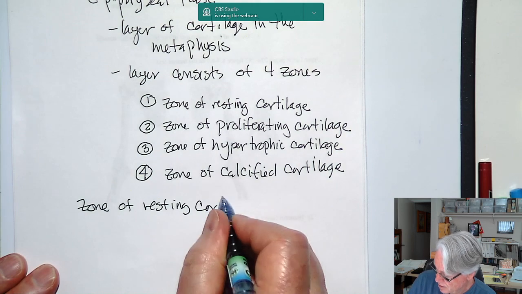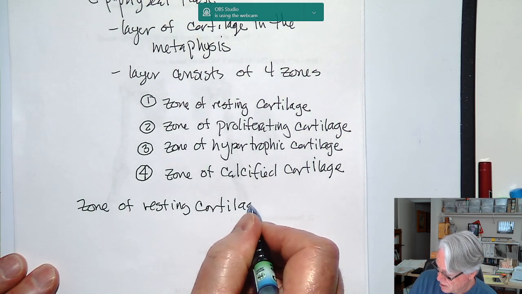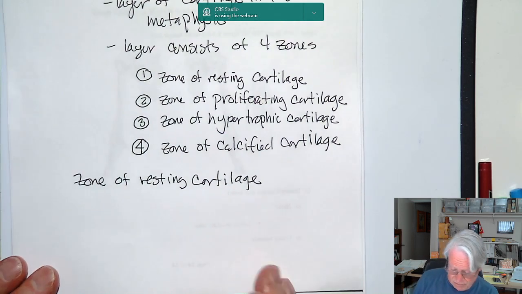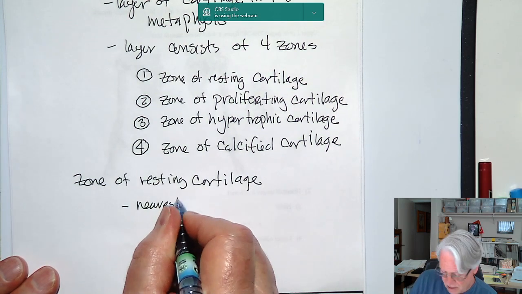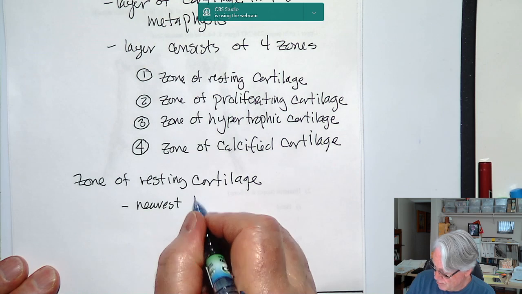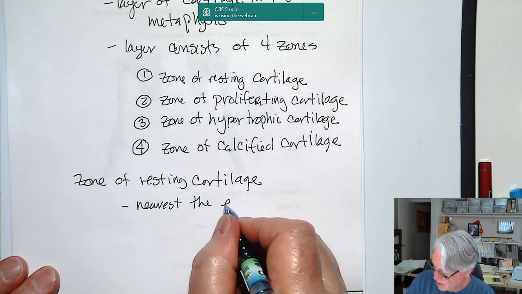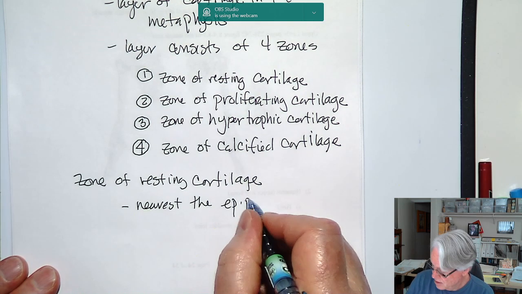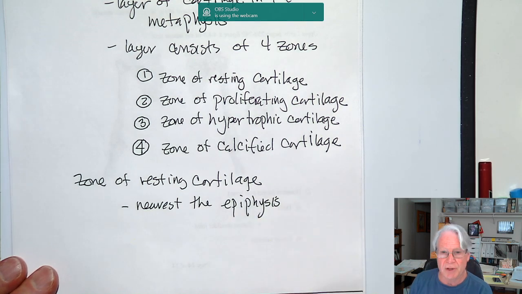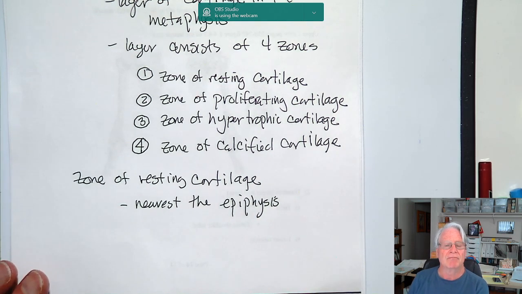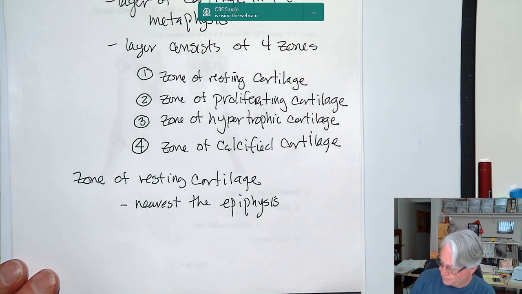cartilage. Okay. So this is going to be nearest the epiphysis. So that's the zone nearest the end of the bone. Okay.